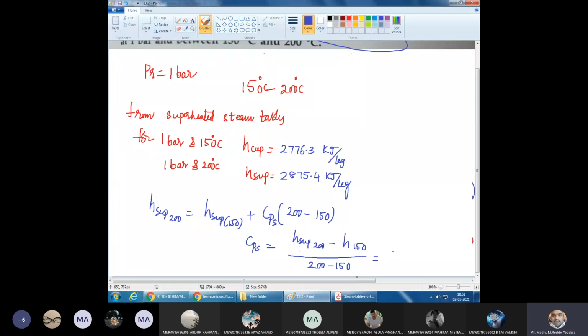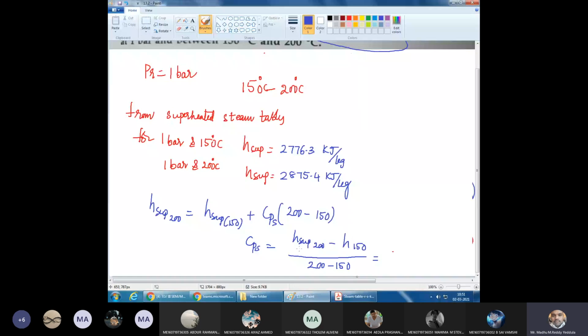So all values are known. So first is 2875.4 minus 2776.3 divided by 50. How much will it be? Always the temperature should be in SI unit.